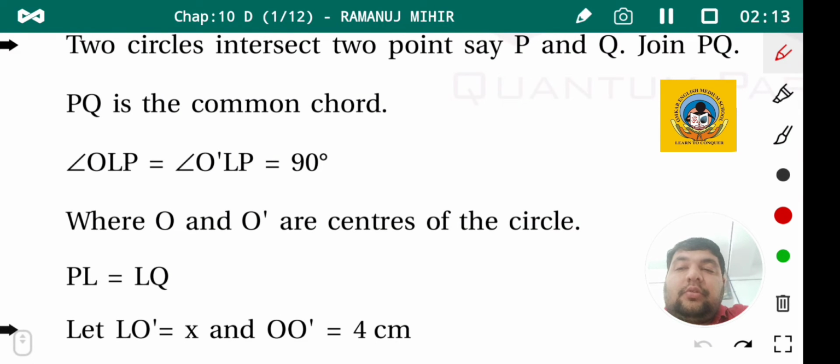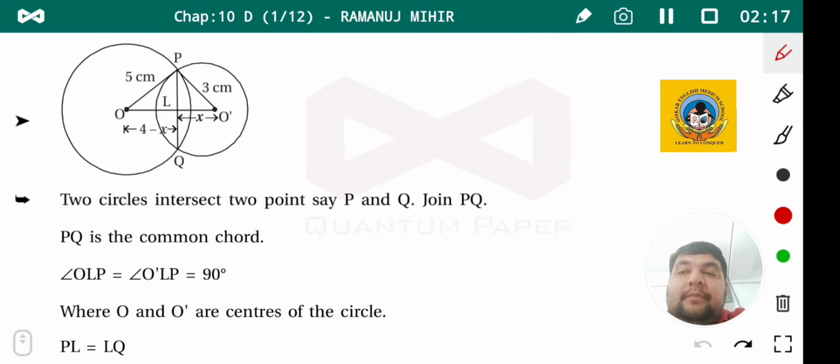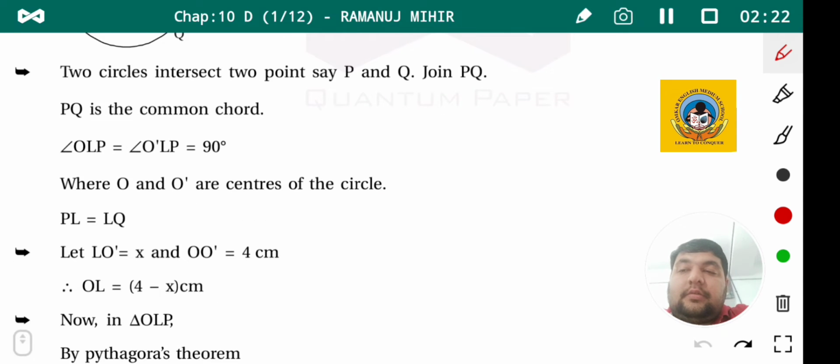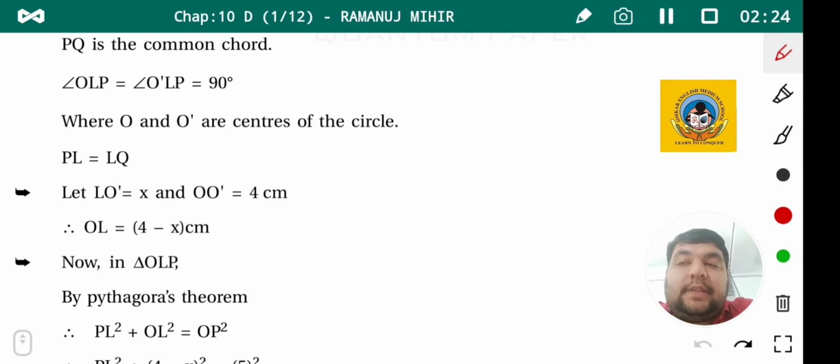O and O' are the centers of the circles. PL and LQ will be equal because it will bisect the chord. Now let us consider LO' as x and the other part will be 4 minus x.